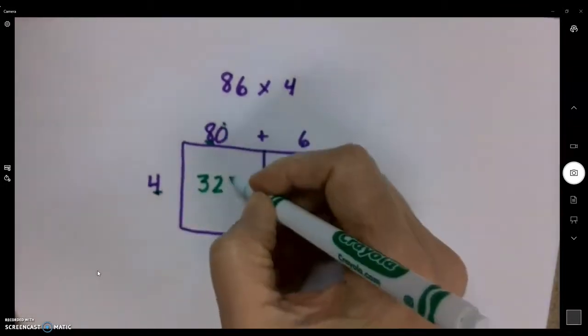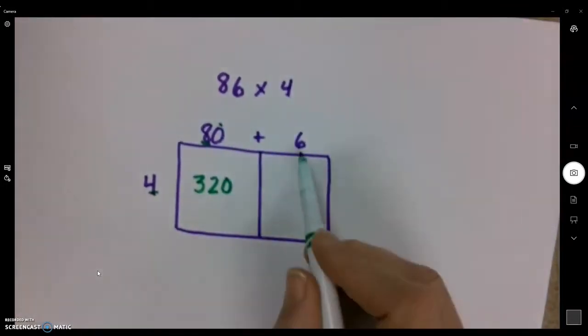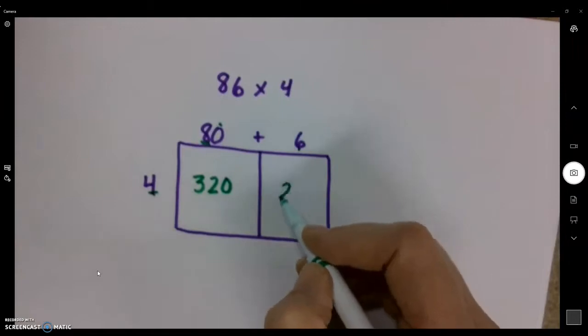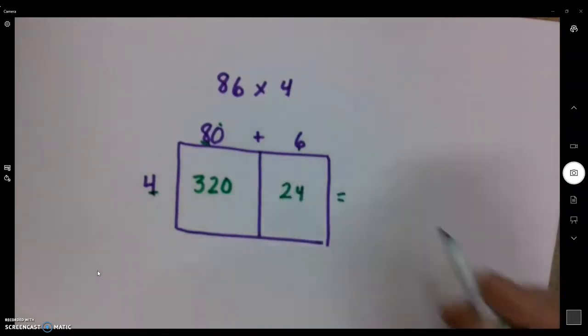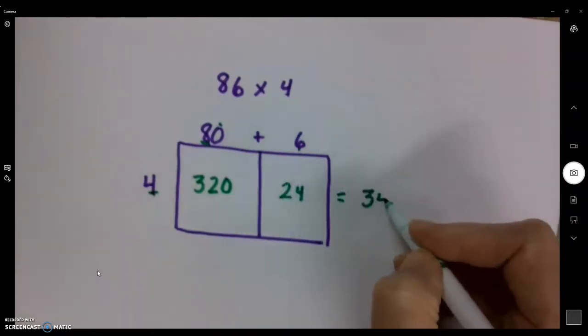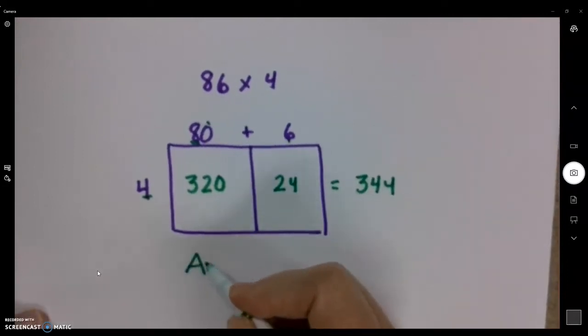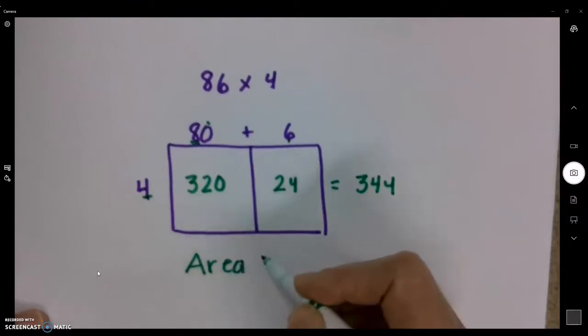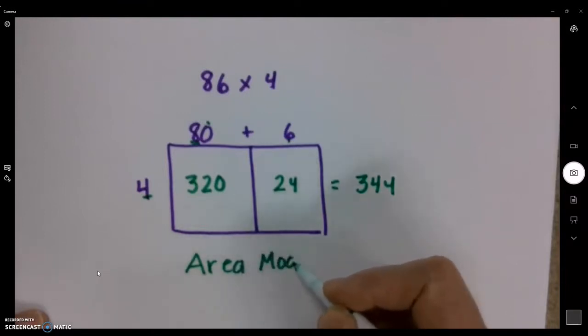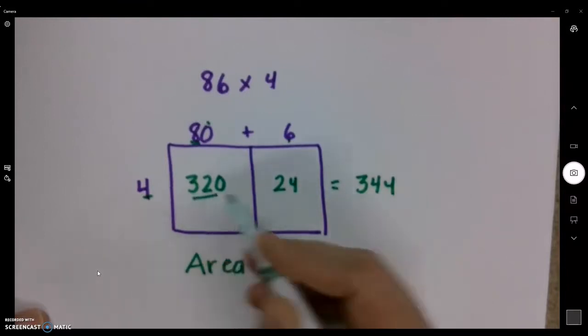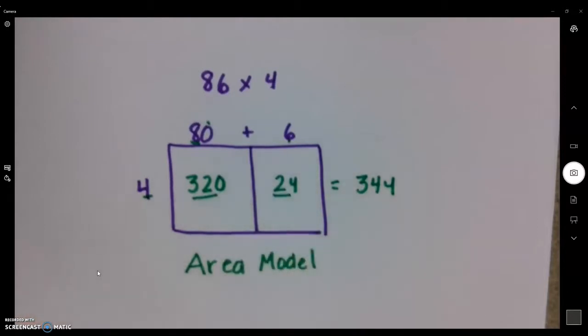Since it's tens, that's 320. 6 times 4 is 24. And when I add those together, I have my 344. And again, this one is referred to as the area model. It's still finding partial products. There's a partial product, and there's a partial product. But we're doing it a little bit differently, and again, that's called the area model.